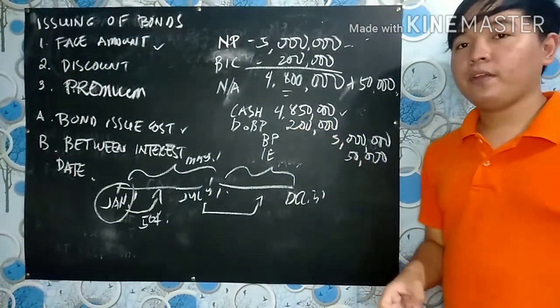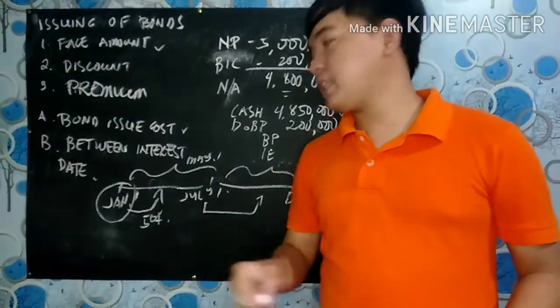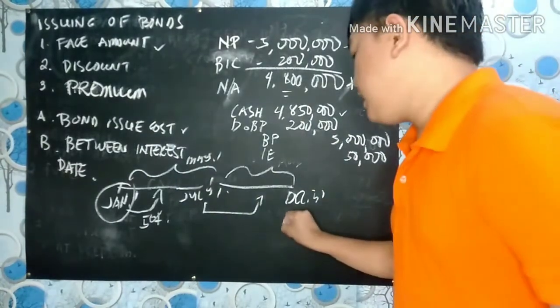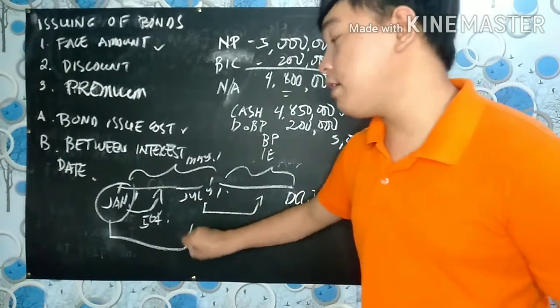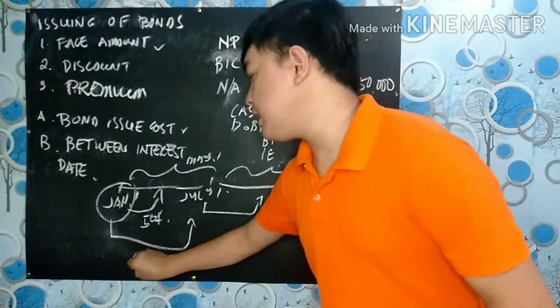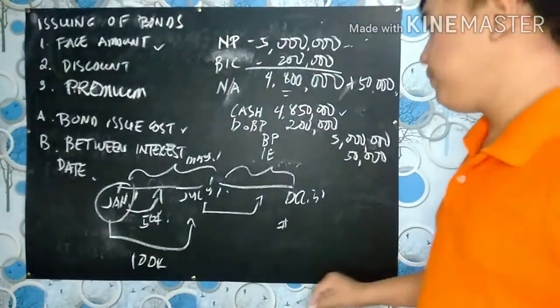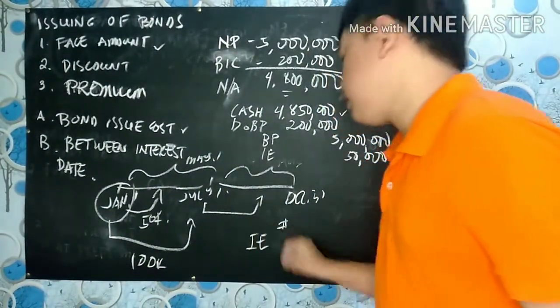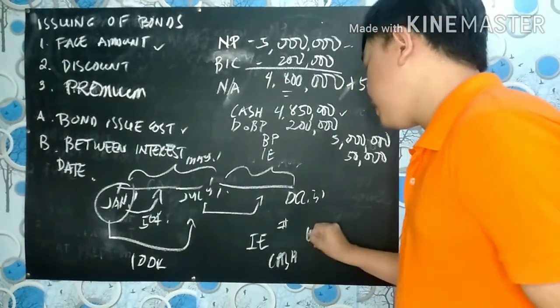Kaya nadagdagan. Okay? Kapag magbabayad na tayo ng interest on July 1, ano yung magiging entry natin dyan? Let's say, ang pinaka-total na interest from January to July is 100,000. Ang magiging entry natin dyan is debit tayo ng interest expense, credit tayo ng cash, 100,000.